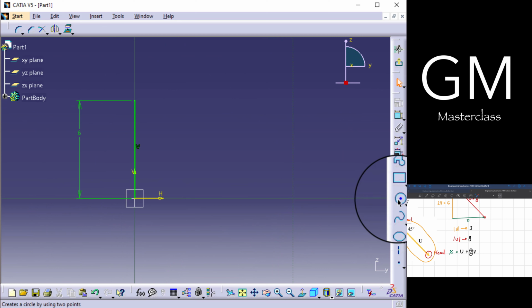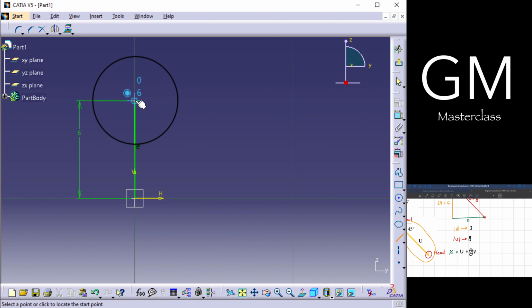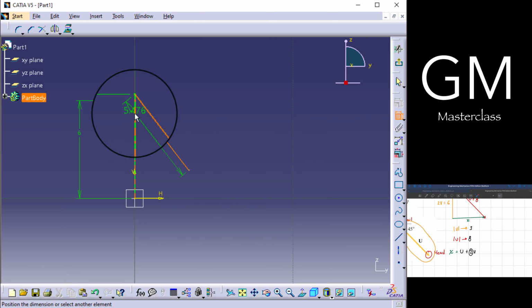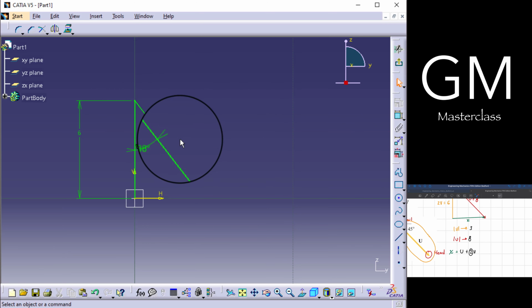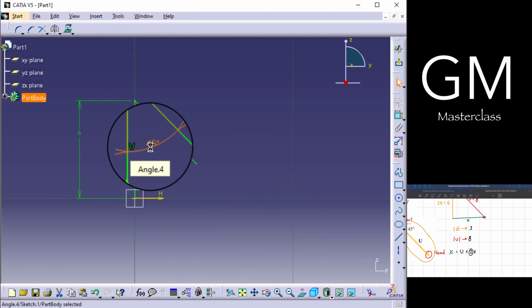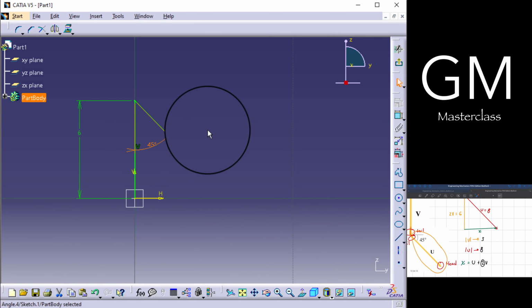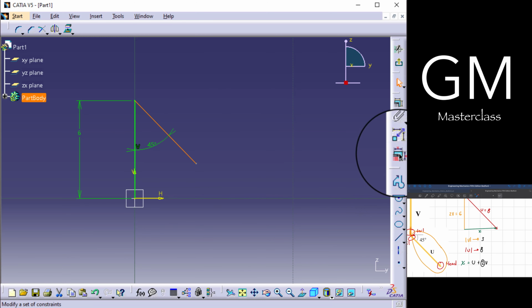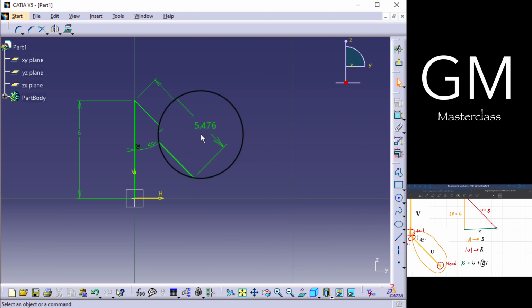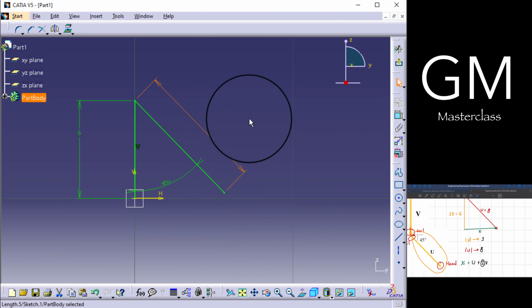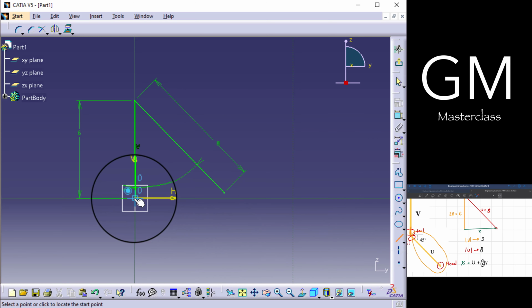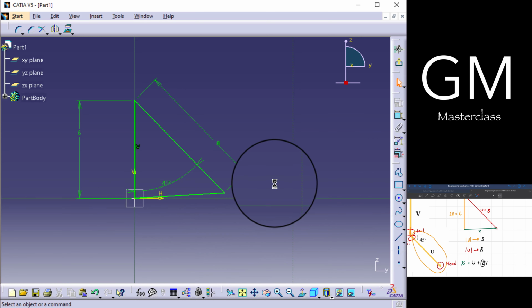Then I'm going to create a line here that has an angle of 45 degrees because of this, and has a length of 8, and the result is this line, the connection between them.